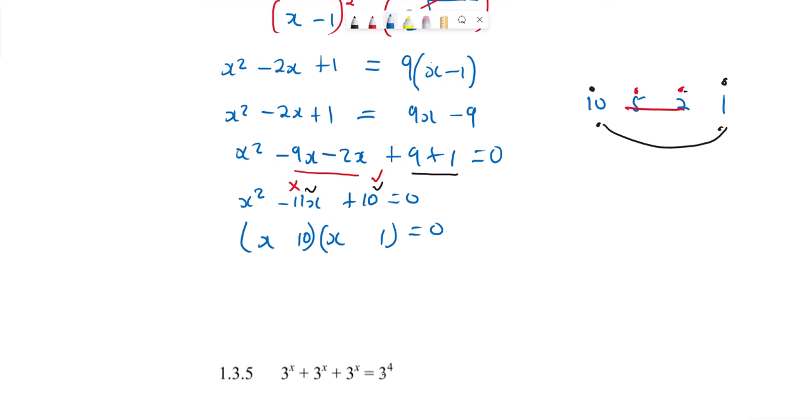Look at the middle term. The middle term is negative, but the last one is positive. So it means that this is going to be negative, and also this is going to be negative, because negative 10 times negative 1 gives positive 10, and negative 10 plus negative 1 gives negative 11. Zero product law: x is the same as 10, or x is the same as 1. But do not trust every answer. Do you know why?